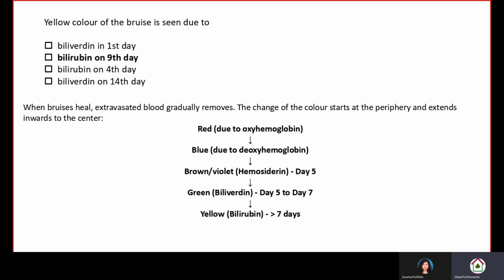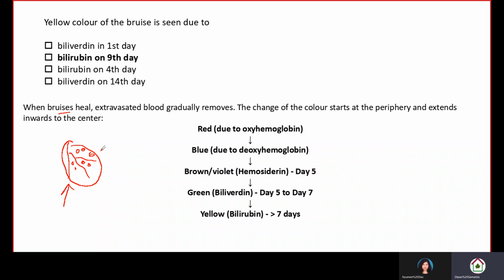Now, during the healing process of a bruise, extravasated blood is gradually removed. Actually, when a bruise occurs, there will be rupture of smaller capillaries and accumulation of RBCs surrounding the site where the bruise has taken place.